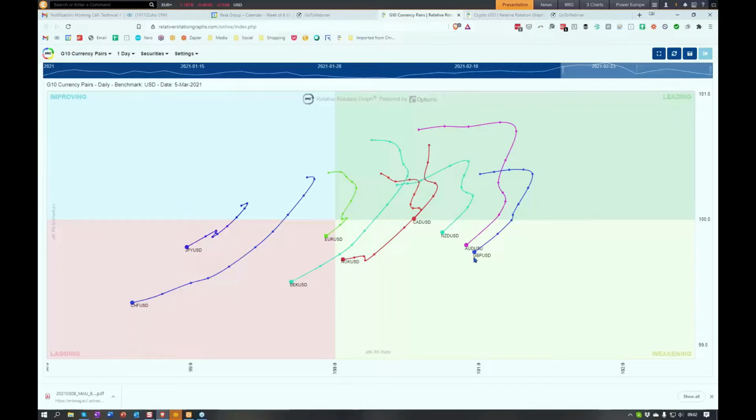So the strongest currency versus the dollar of the G10 currencies, the one that's furthest to the right, is cable, is sterling, is the pound. Next is the Australian dollar, then the New Zealand dollar, then the Canadian dollar, and then the Norwegian crown. Euro is weaker than the US dollar.